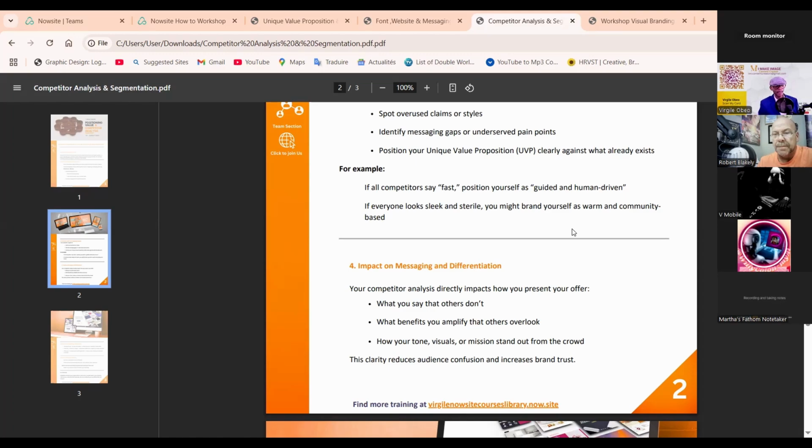For example, when I was running the meetings with NowSite, one of the competitors that often came in the room with certain clients was GoHighLevel, right? And GoHighLevel is a powerful tool if you have that higher understanding and that higher rate of organization, because there's a learning curve there.